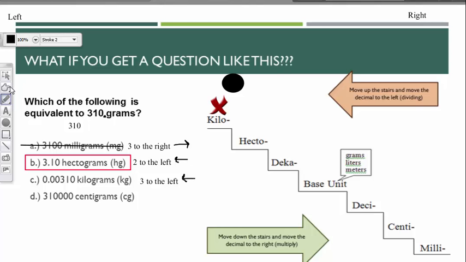A lot of students like that sometimes better. So 3 to the left, I put my little dot here. 1, 2, 3. So the decimal should be in front of the 3. So it should be 0.310. Ooh, not the correct answer. C does not work. Take that off.